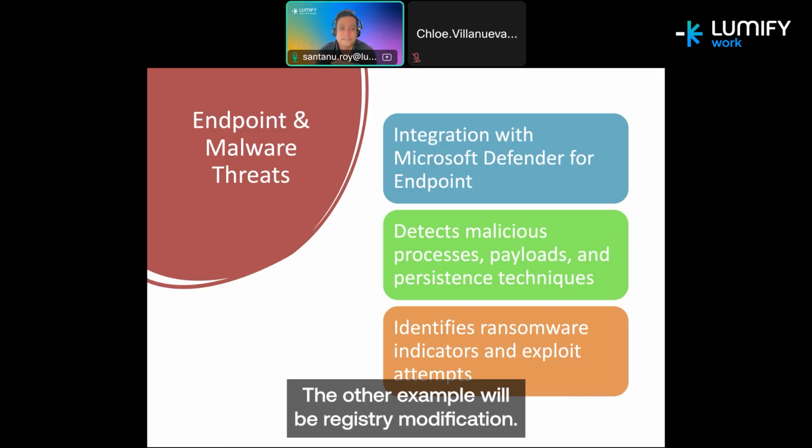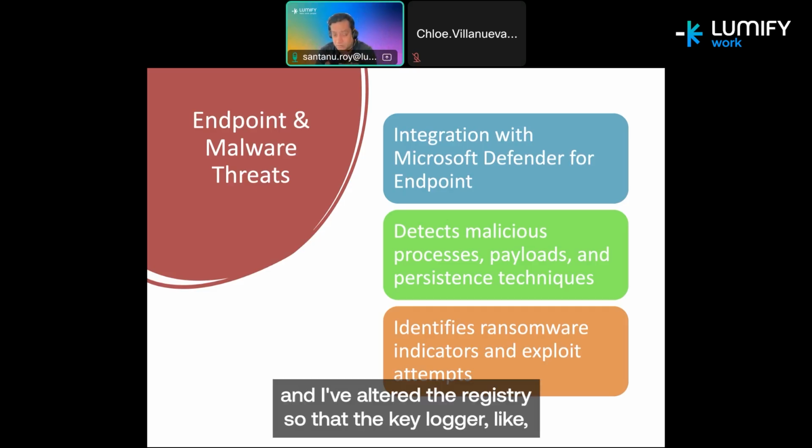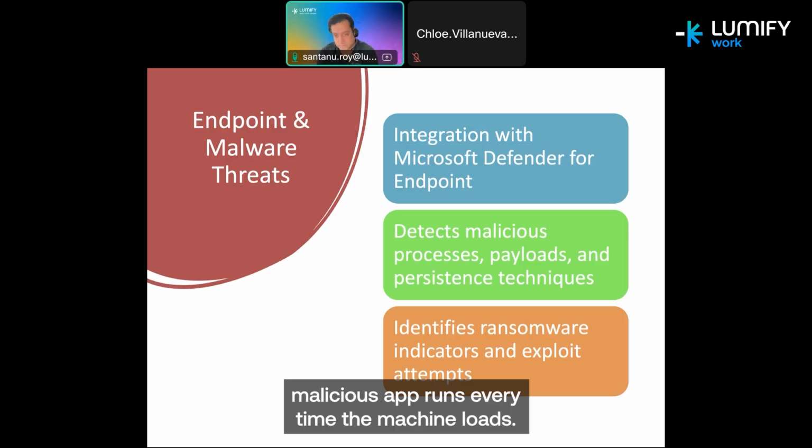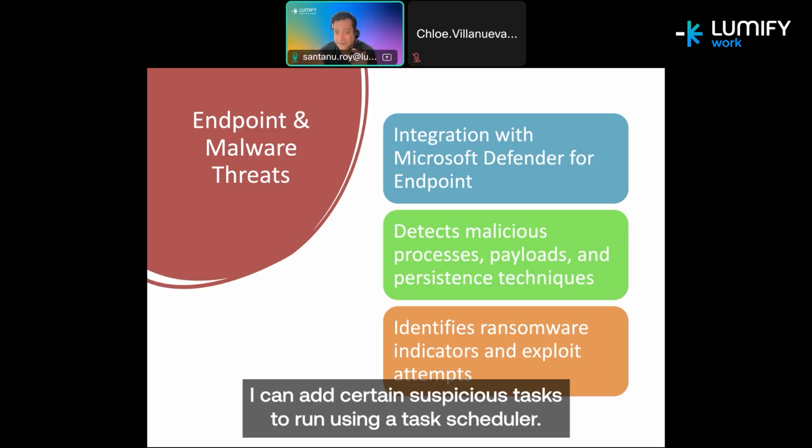The other example will be registry modification. So let's say I have compromised a device. I have installed a keylogger and I've altered the registry so that the keylogger, like a malicious app, runs every time the machine loads. Okay. So I can modify the registry. I can alter the task scheduler. I can add certain suspicious tasks to run using a task scheduler.